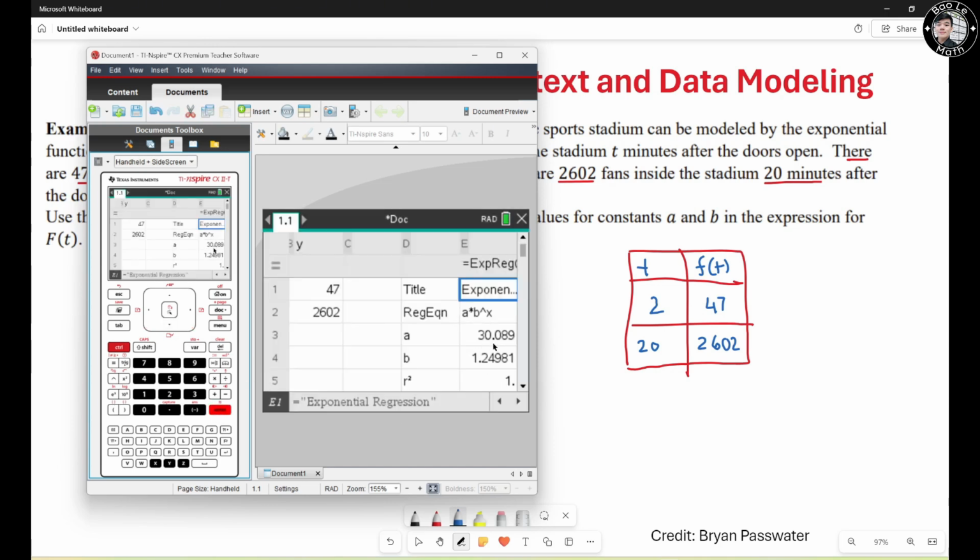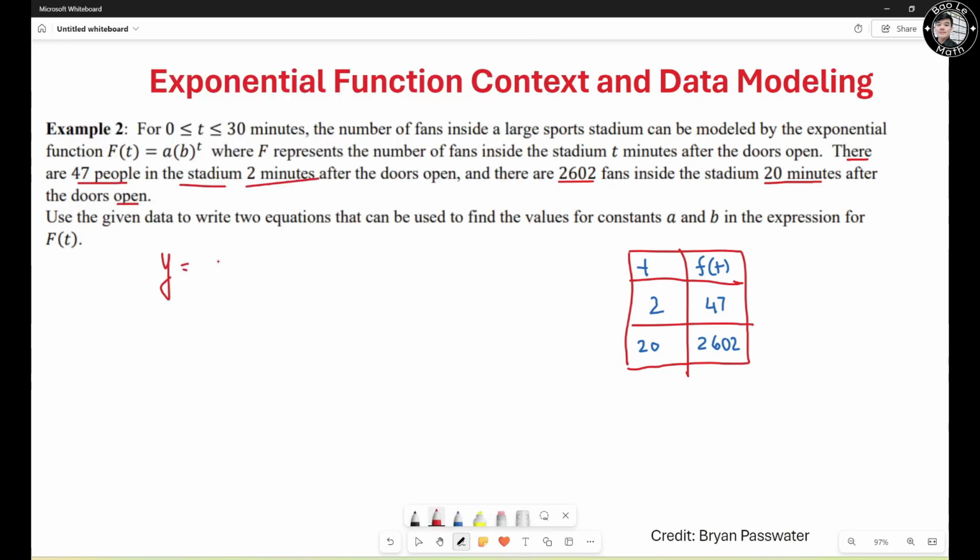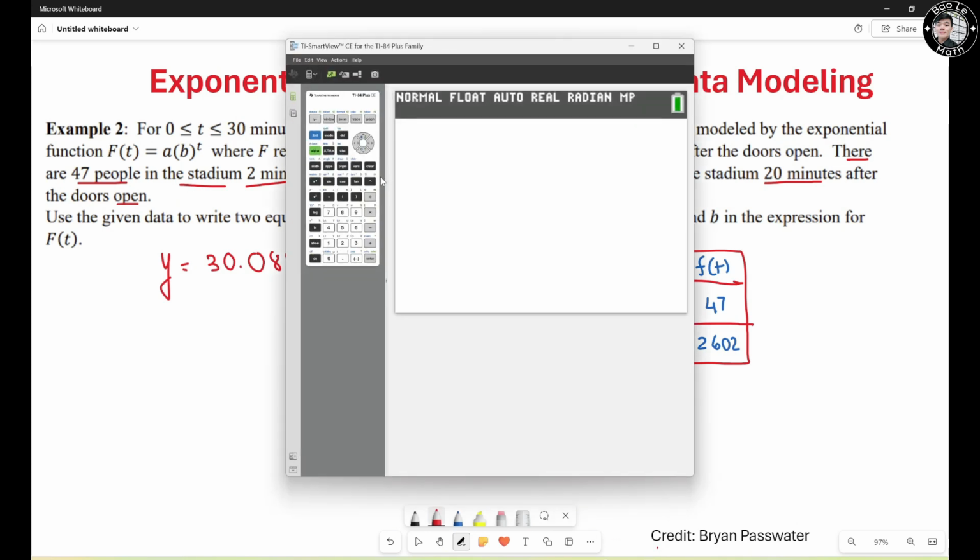Alright, so this is my exponential function, which is y equals 30.089 times parentheses, the common ratio, 1.250, to the t.